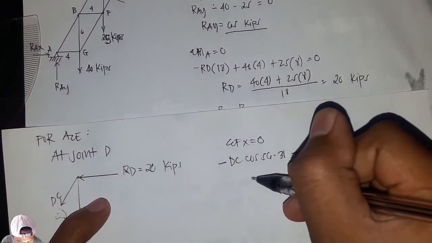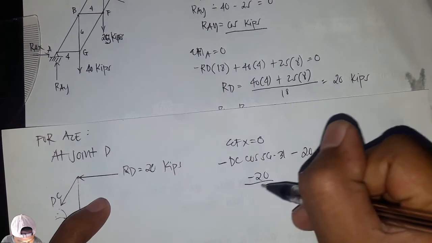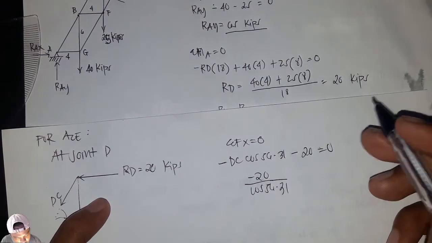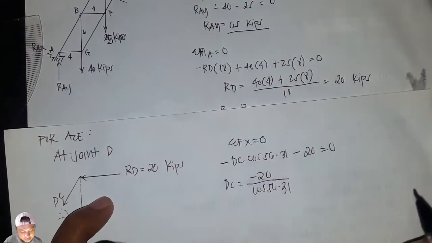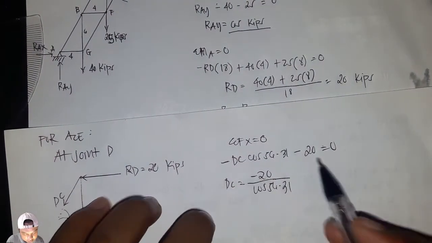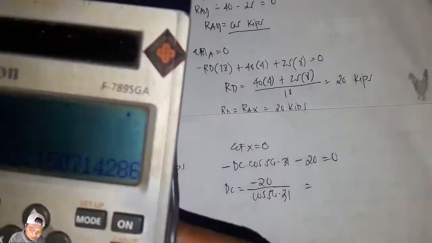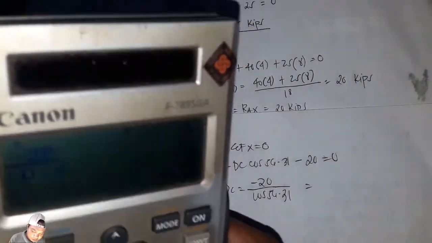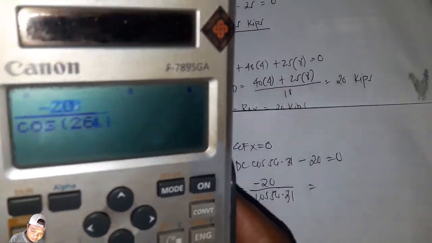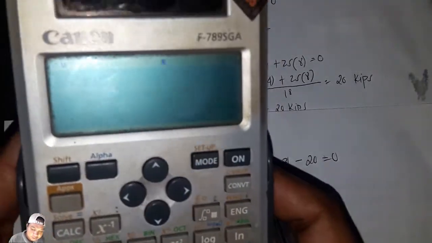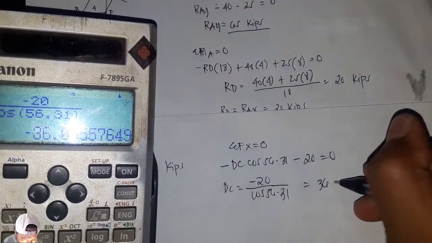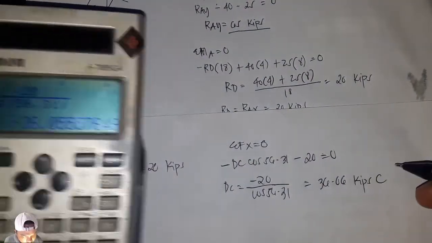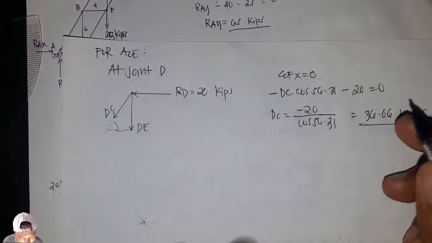So transposing, DC equals 20 over cosine of 56.31. It's compression. So we have 36.06 kips compression in DC.